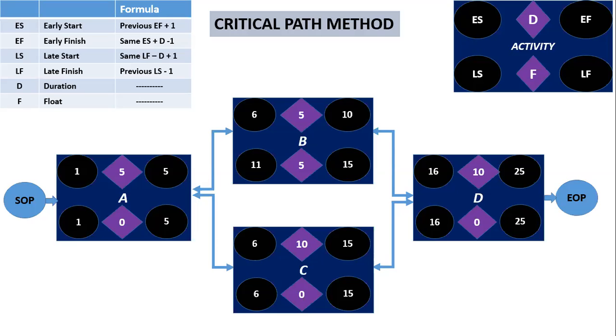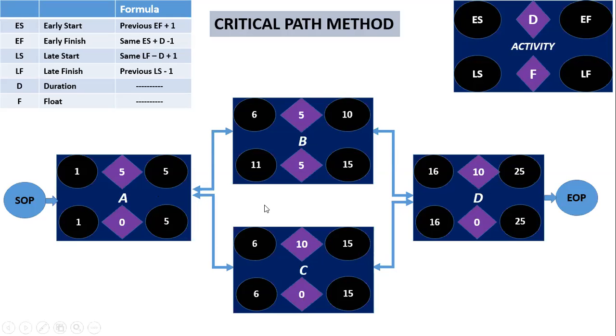Now we are moving to activity A. We need to calculate the late finish of activity A. How? 6 minus 1, that's 5. Why 6? We need to take the minimum value of the late start of the previous activities in the backward pass.